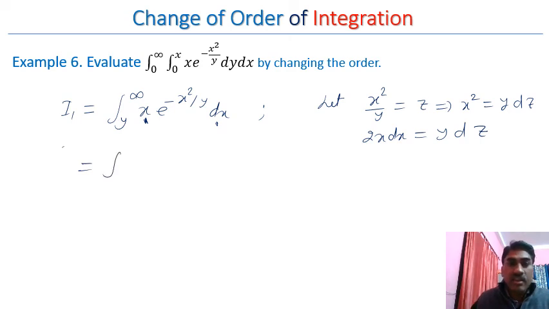You can see, when x is equal to infinity, then z is also infinity, and when x is equal to y, then from the formula, watch this, z is again y. So limits of z are also y to infinity, and x dx is equal to y dz by 2. So half y dz, and e to the power minus x square by y is e to the power minus z.